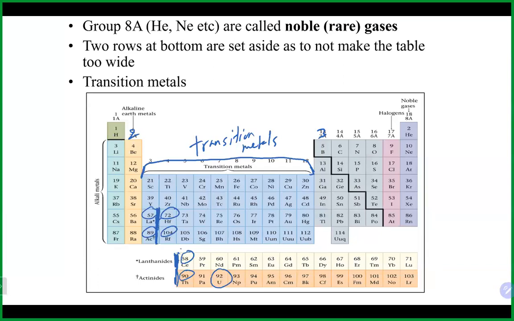And that's really important when we talk about naming, which is coming up next, because they can form multiple types of charges. They have a special way that they are named. That's also why these 2 rows on the bottom, which should go right there in the transition metal region, are sometimes referred to as inner transition metals, because that is where they should kind of go.